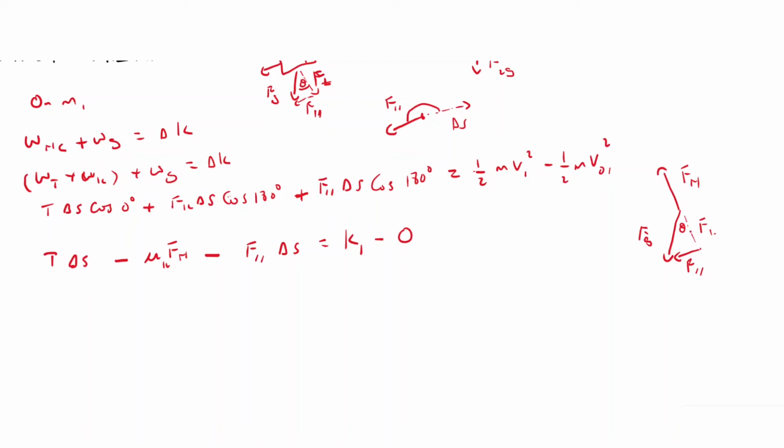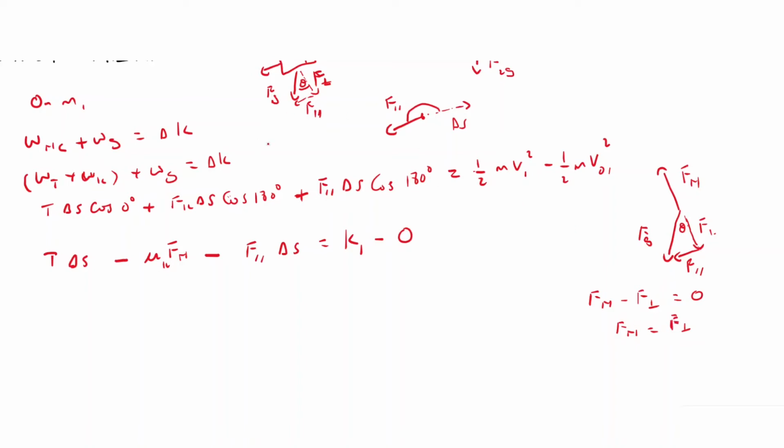If you're looking at the forces in the y, they are equal to 0, so it is going to be Fn minus F perpendicular equals 0, which means that Fn is going to be equal to F perpendicular.